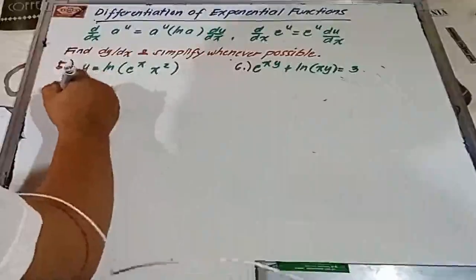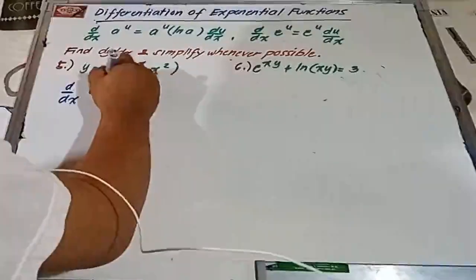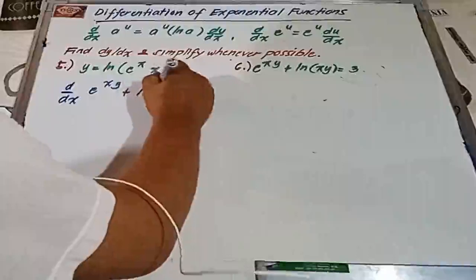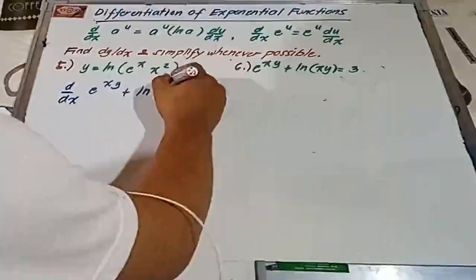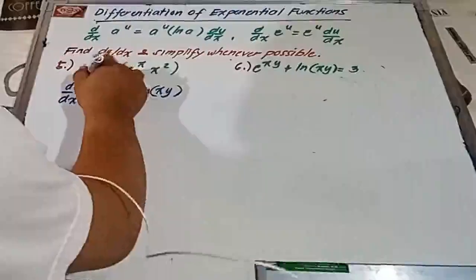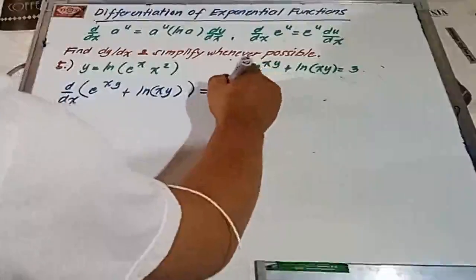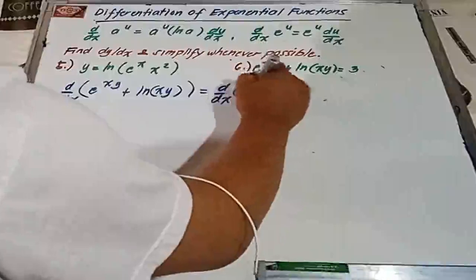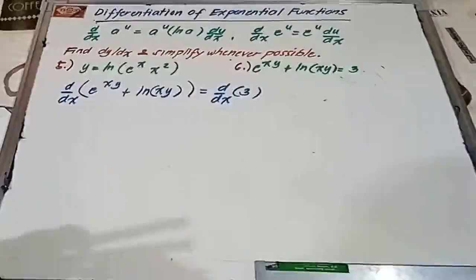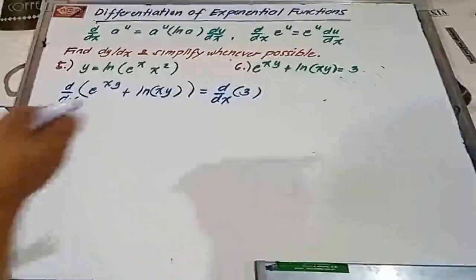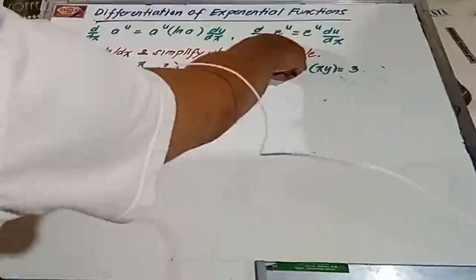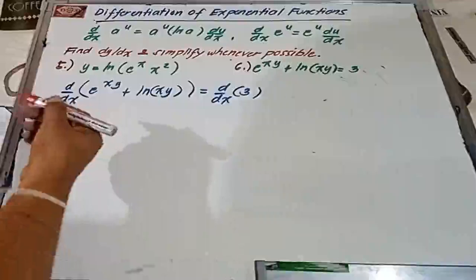So, derivative ng left side, we have e to the xy plus ln xy, equal to derivative ng right side with respect to x. So, derivative nito plus derivative nito. Okay? So, anong derivative nito? Gamit yon, e to the u times du over dx.